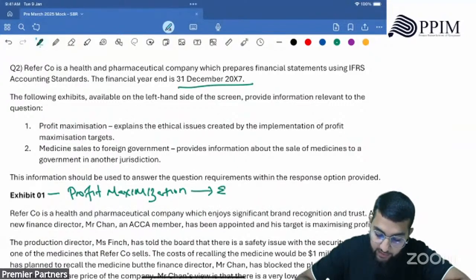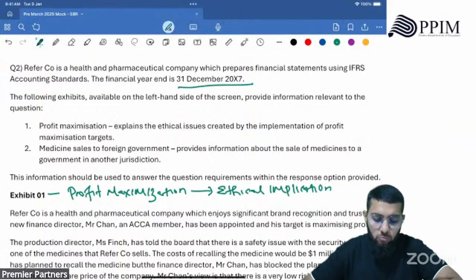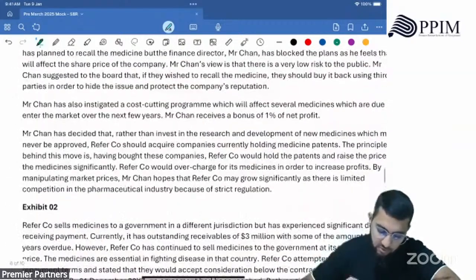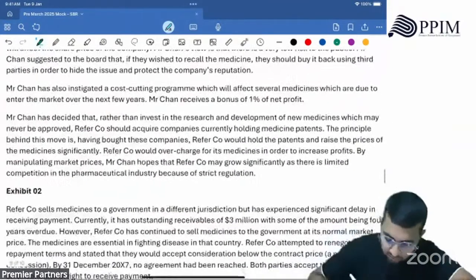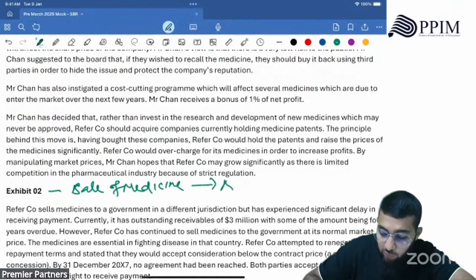This is an ethical implication. Exhibit 2, medicine sales to foreign government, provides information about the sale of medicines to a government in another jurisdiction. So probably, let's just quickly run through exhibit 2. Okay, so it is accounting. Sales of medicines. Accounting implication.